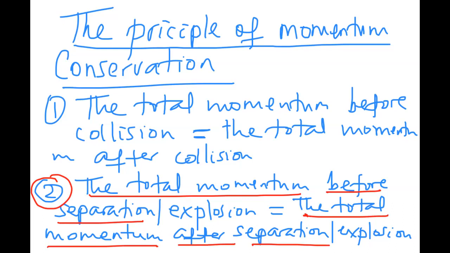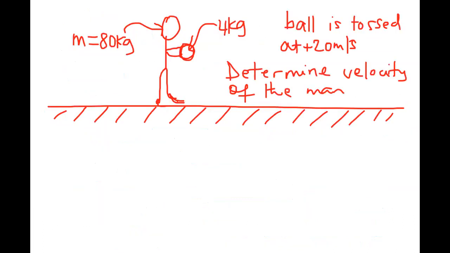This is the idea that we are trying to use here. So let's solve the problem. I'll just divide this into two like this. This is before, and this will be after.